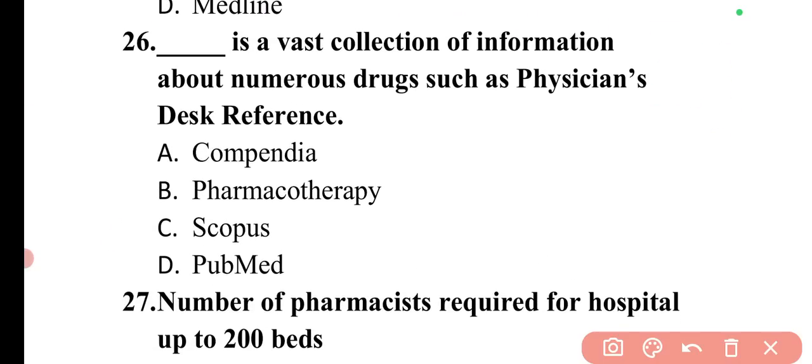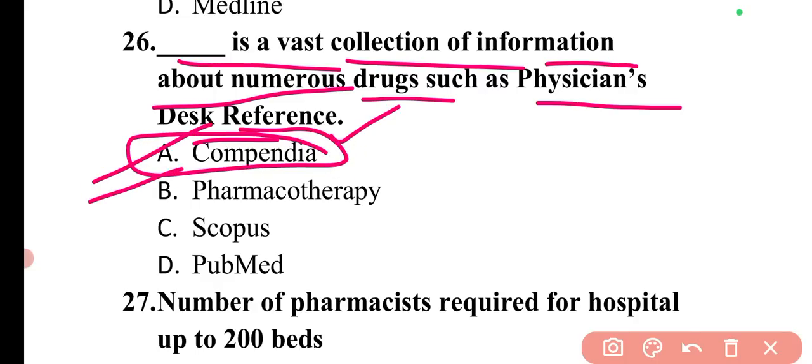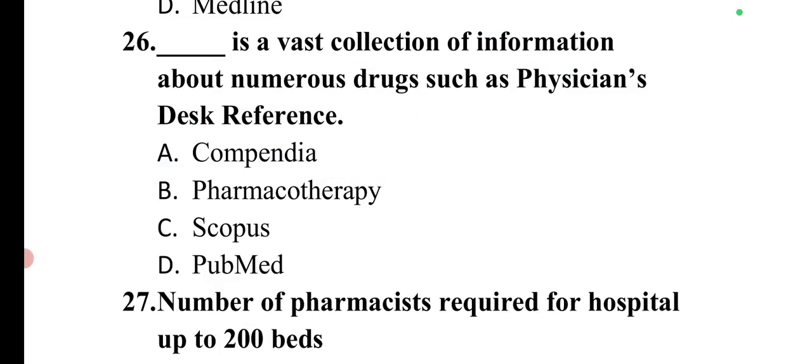Next question is, dash is a vast collection of information about numerous drugs such as physician's desk reference. So this particular one is compendia. These have a vast collection of information about numerous drugs such as the physician desk reference as well. So here option A will be the correct answer.